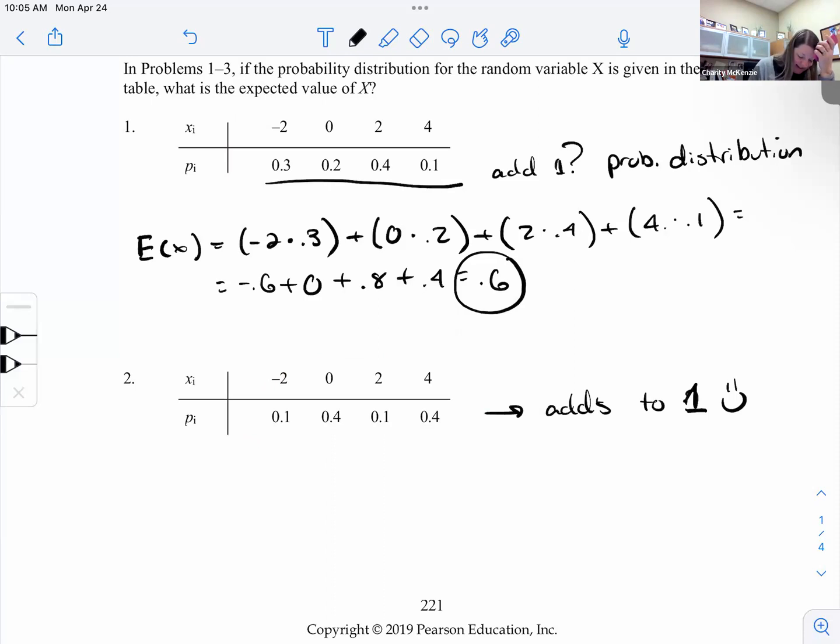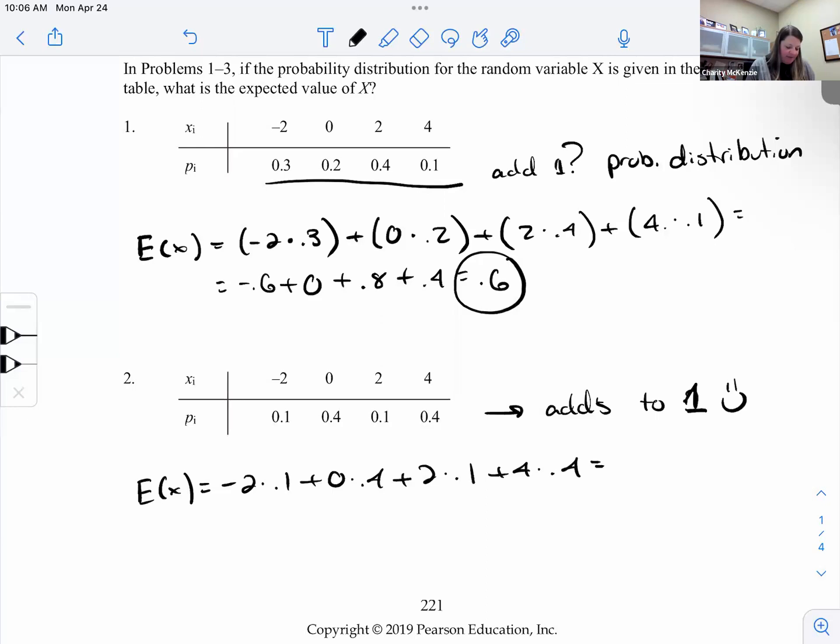So if we go to do that expected value, again, it's going to be -2 times 0.1, plus 0 times 0.4, plus 2 times 0.1, plus 4 times 0.4. So put that in our calculator. I thought I had a better calculator. Here's my better calculator. It's just easier to see.